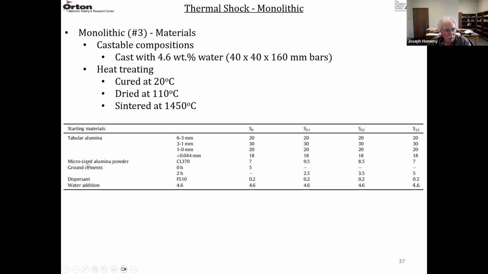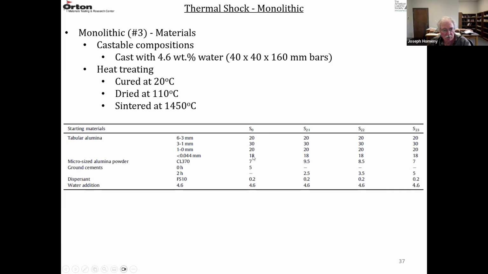And then they also had some reactive, very fine particle size alumina. And this one was 7, 9.5, 8.5, and 7. The water content was all the same, 4.6. There was a dispersant at 0.2. And then the cement was either not ground, that's 0 hours, or ground for 2 hours.